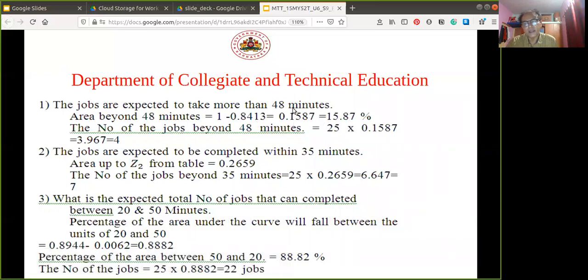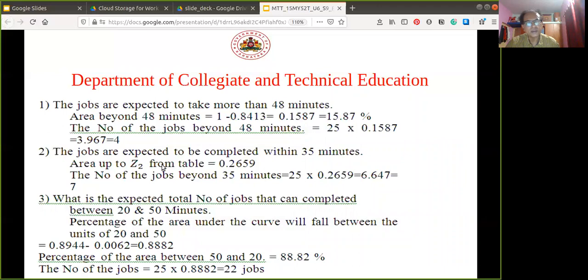If I multiply this by 100, I'll get 15.8%. Now there are 25 jobs. If I multiply this 25 with the area, I will get 0.157. So the number of jobs that will take more than 48 minutes will be 3.967. I can say that it is 4.